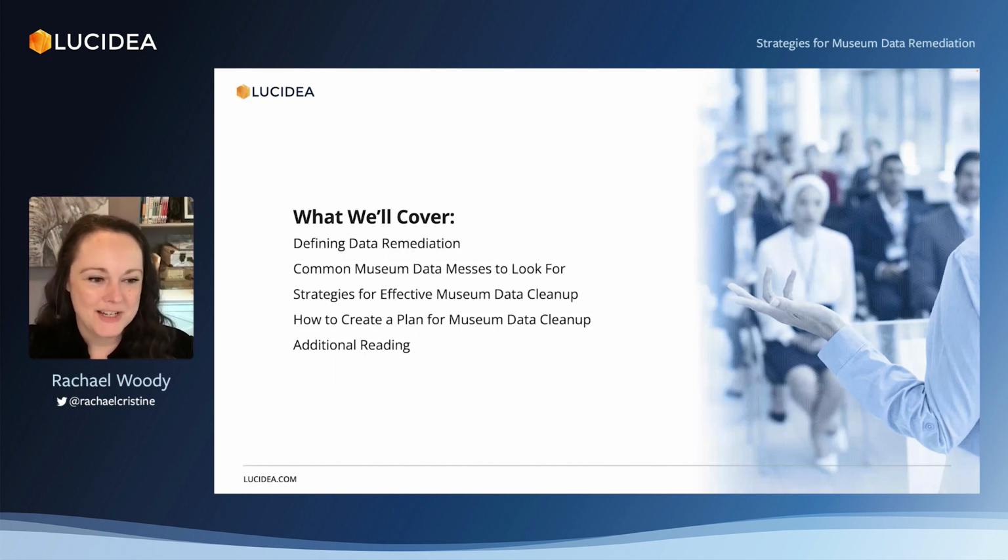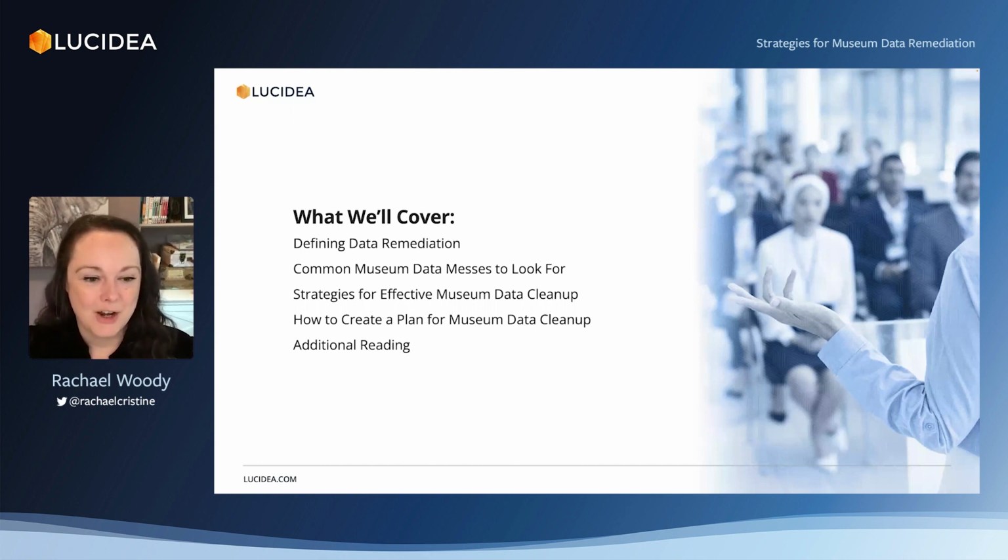What we're going to cover is data remediation, and we're going to define that first, just so that we're all on the same page. Then we'll start getting into the nitty-gritty of common museum data messes that tend to happen and occur over the years and sometimes decades that we're using a museum collections management system.